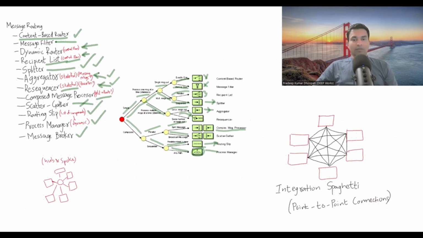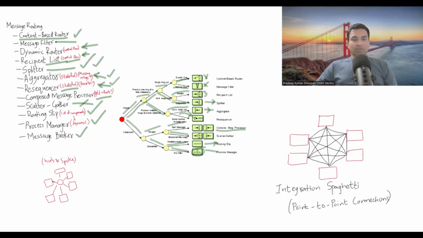Then you have to resequence them using a resequencer, which is again a stateful component. You have to maintain the state to see if you have received all the messages that were processed or not. And these are all the simple message routing patterns.